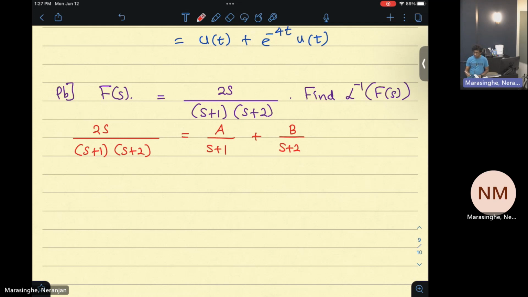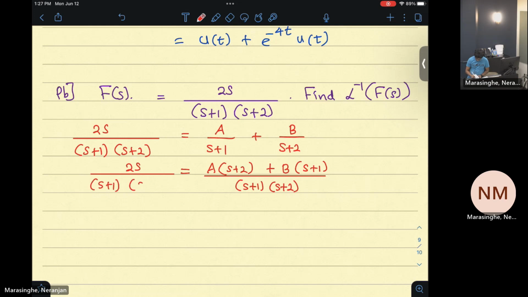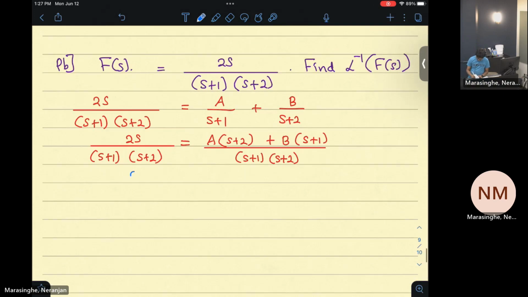Take the common denominator of your right hand side: A times (s plus 2) plus B times (s plus 1), over (s plus 1) times (s plus 2). Now you can have an identity by equating numerators. So I have s is equal to A times (s plus 2) plus capital B times (s plus 1).